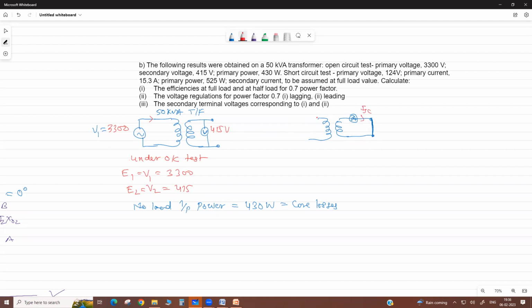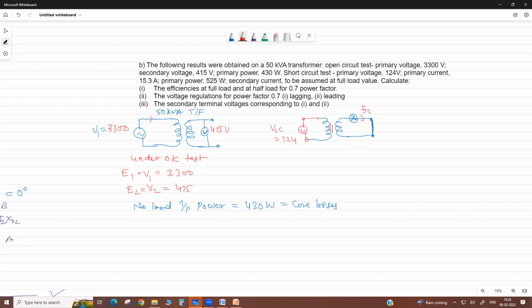In the primary we do not apply the rated voltage, we apply a reduced voltage, called VSC, the voltage under short circuit test, only 124 volt on the primary side.